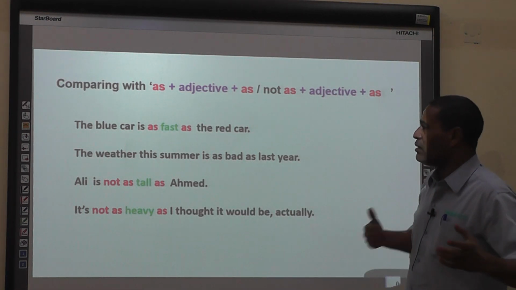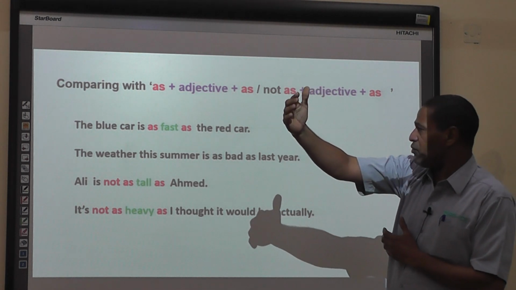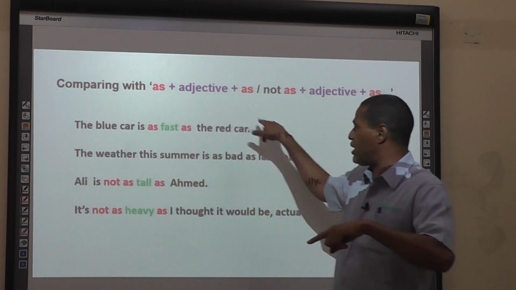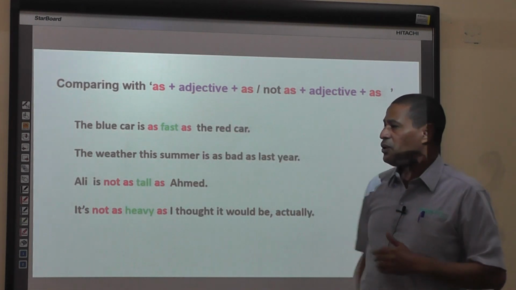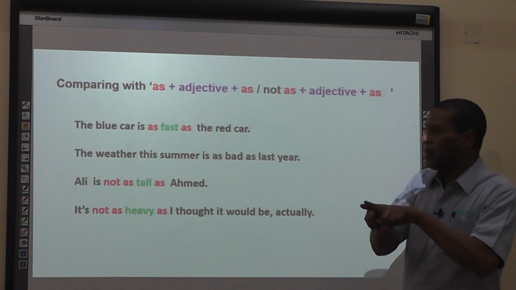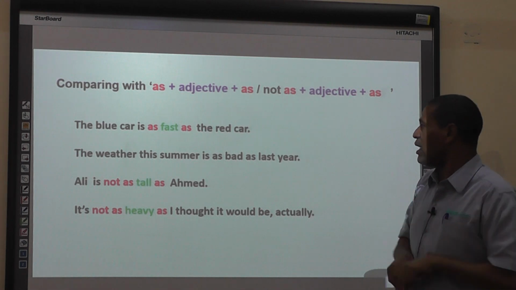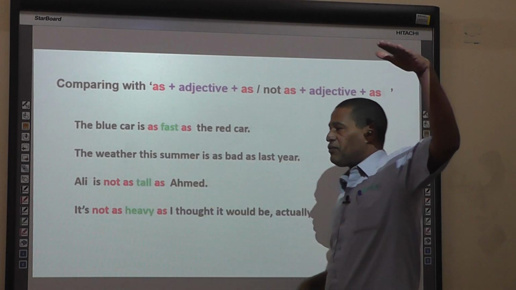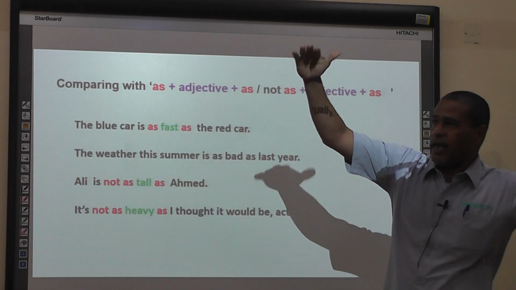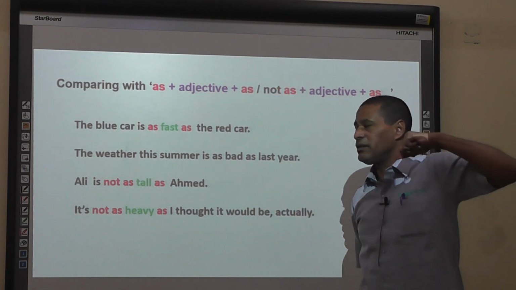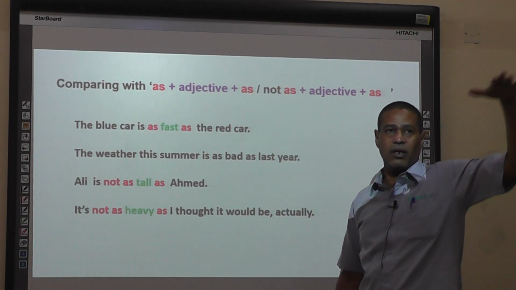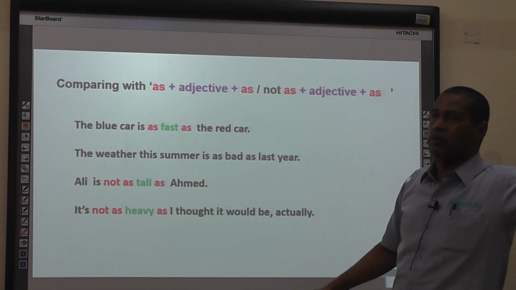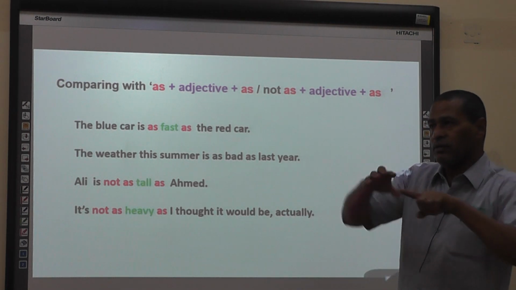The blue car can reach 200 miles per hour. At the same time, the red car also can reach 200 miles per hour. So they are the same in this sense. Or if A is 100 centimeters tall, B also 100 centimeters tall or 1 meter tall, so they are equal.